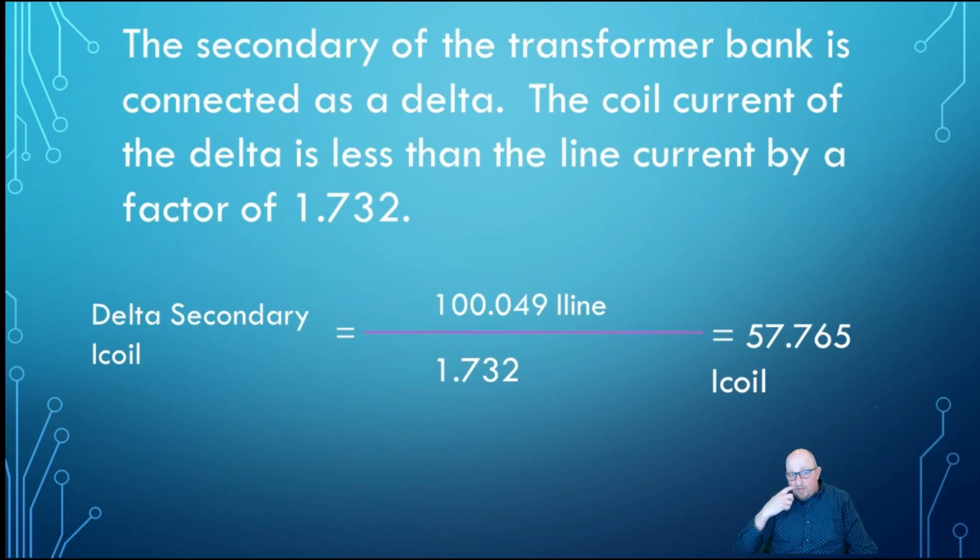The secondary of the transformer bank is connected as a delta. The coil current of the delta is less than the line current by a factor of 1.732. So we have 100.049 for the line current, and the coil current is that divided by 1.732. We end up with 57.765 amps in the coil.